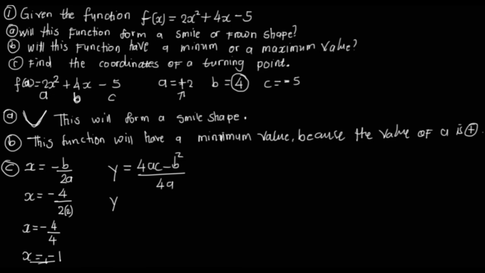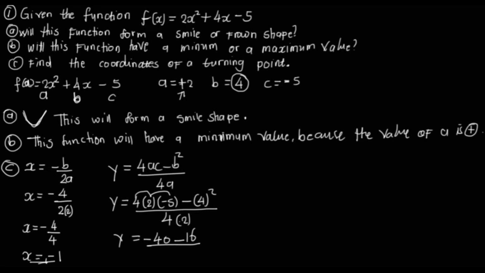Substituting, a is 2, c is negative 5, and b is positive 4, so we have 4 times 2 times negative 5, which is negative 40, minus 4 times 4, that is 16, over 4 times 2, which is 8.